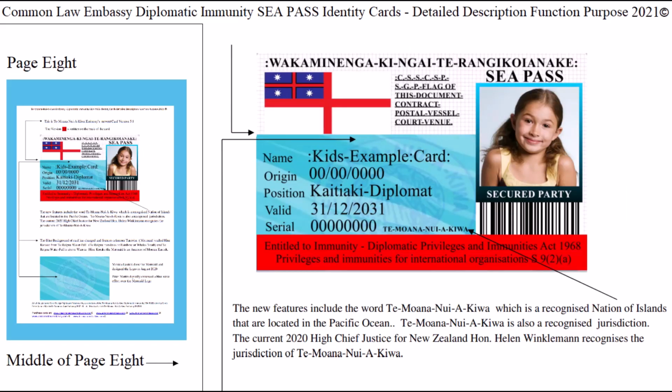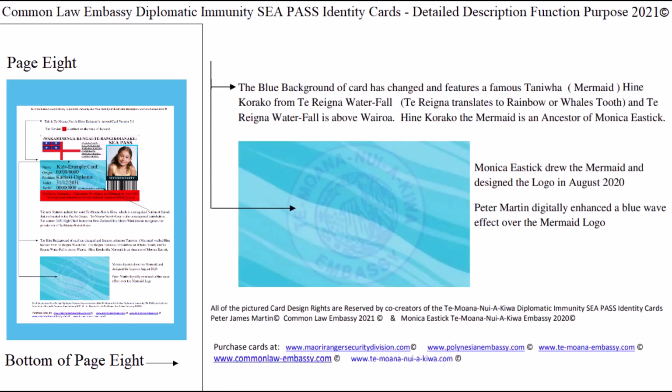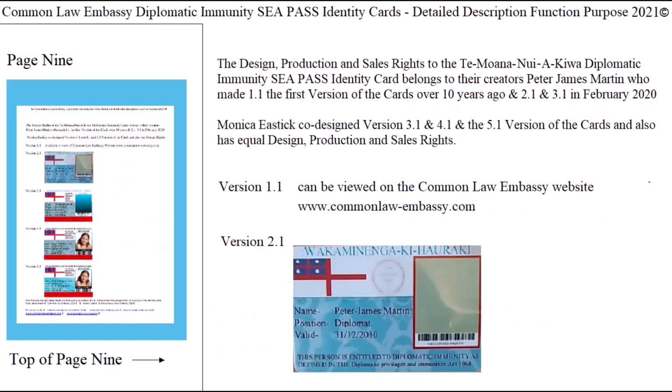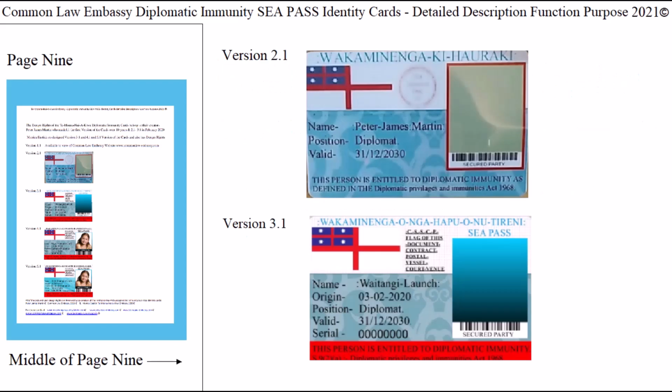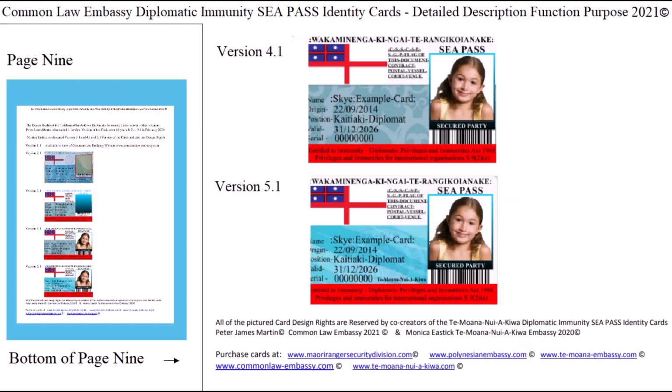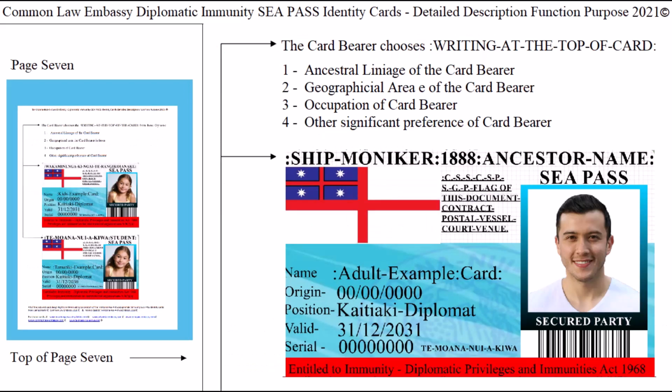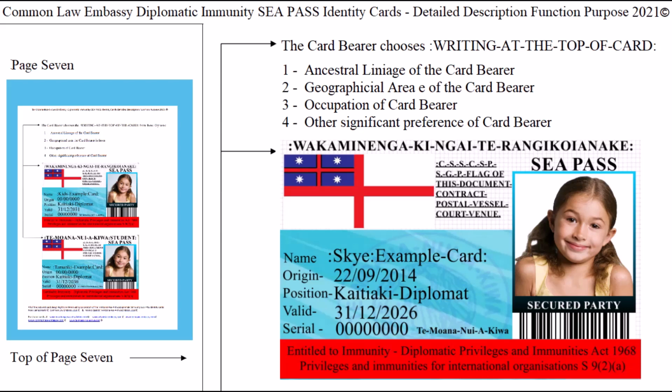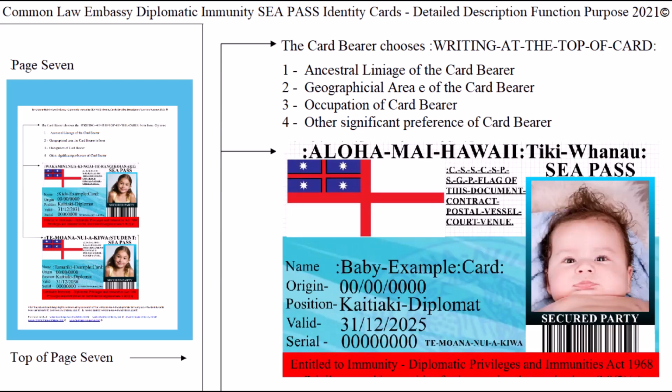The Common Law Embassy and Te-Moana-Nui-A-Kiwa Embassy Diplomatic Immunity C-Pass Identity Cards, Detailed Description and Function. The card bearer chooses the writing at the top of the card from these options. Ancestral lineage of the card bearer is a common theme.